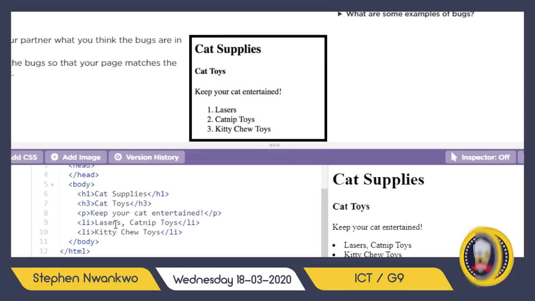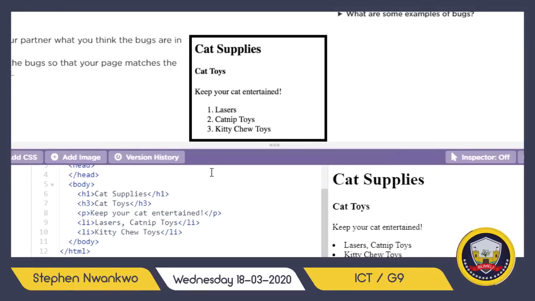Okay, the next is arrangement of the list. We have the lasers, catnip toys, kitty chew toys. Now they are not properly arranged. What you do here is to look at this item and look at the image here. Over here you have bullets, but over here you have numbers.